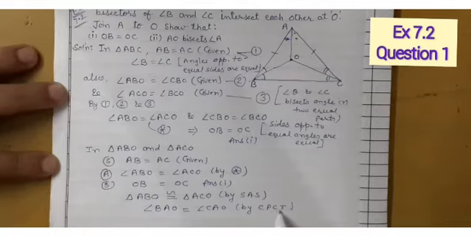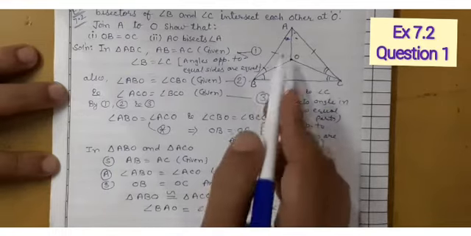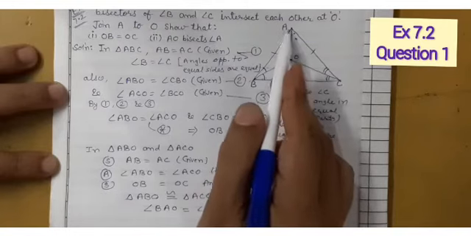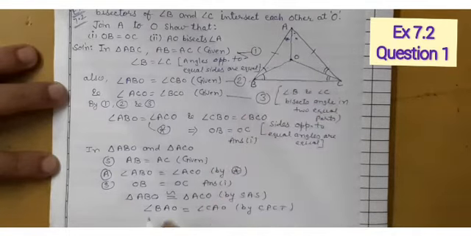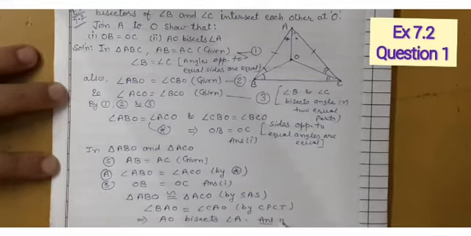Corresponding parts of congruent triangles. If these two angles are equal, and AO is the line, we can say AO bisects angle A. This implies AO bisects angle A. This is your answer number 2.